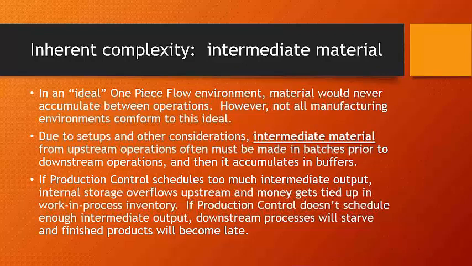So you don't want to schedule too much of those intermediate parts, those intermediate outputs. But if the production control doesn't schedule enough intermediate output, downstream processes will starve. And then finished products will become late, as they await the completion of the upstream products.